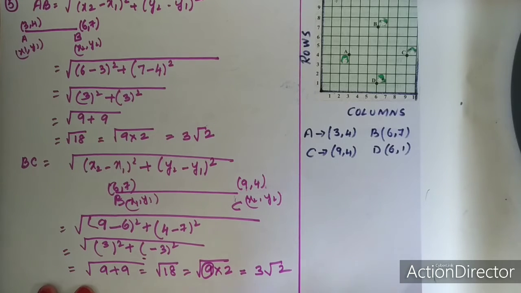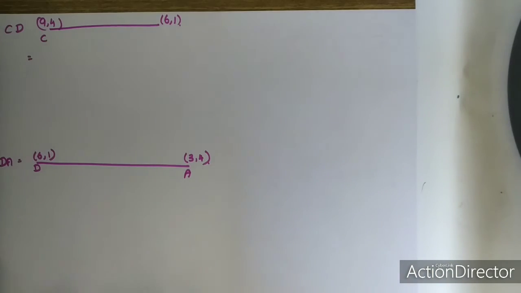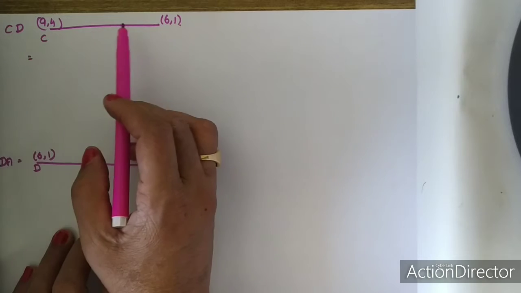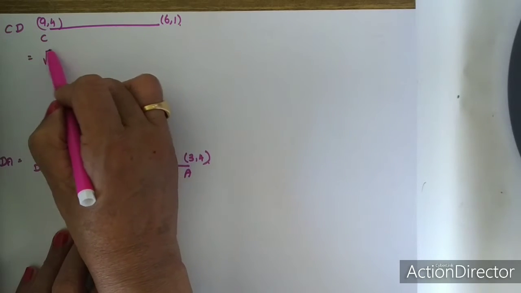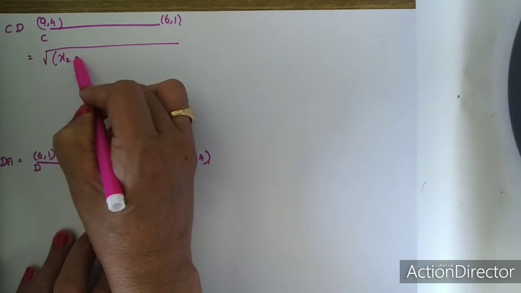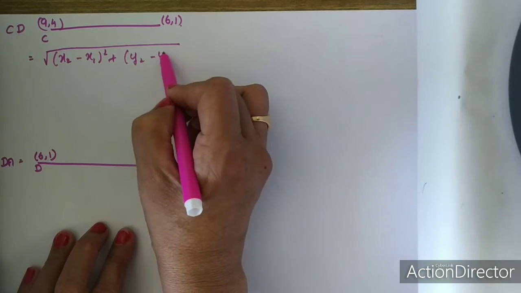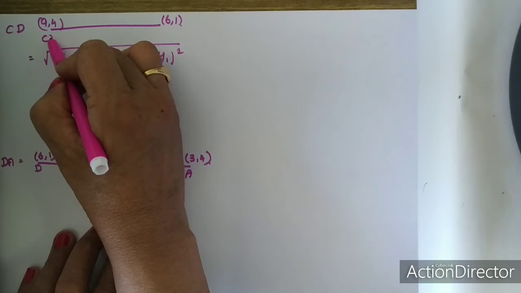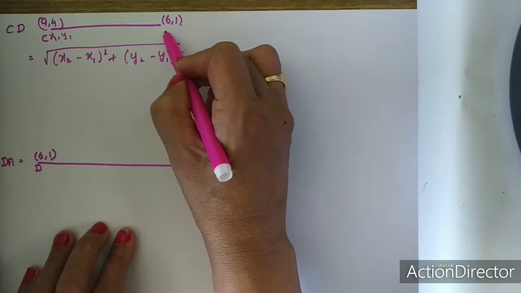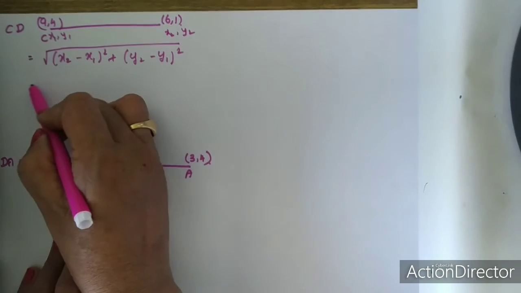We have calculated AB, BC. Let us now calculate CD. So what is the distance formula over here? (x2 minus x1) whole square plus (y2 minus y1) whole square. As I said earlier, write x1, y1, x2, y2. Replace the values.